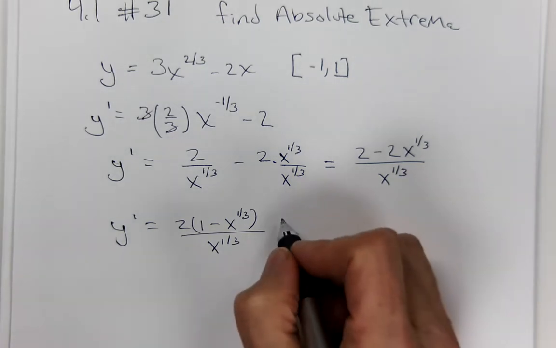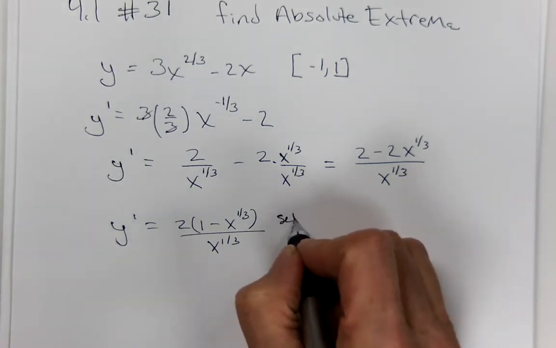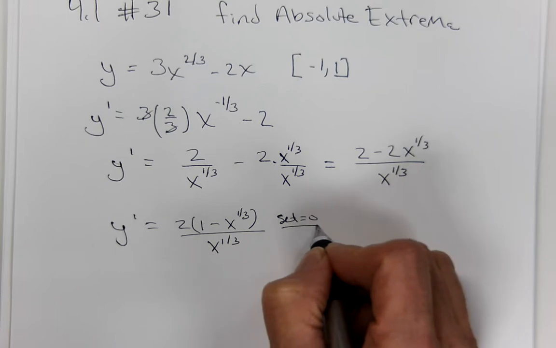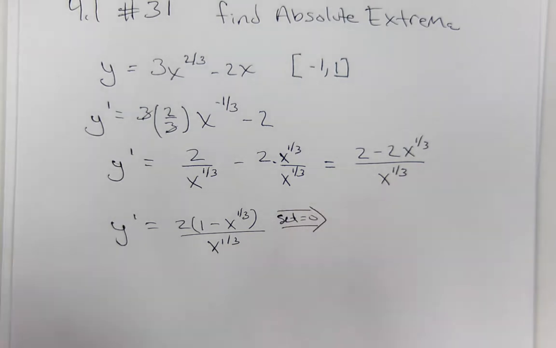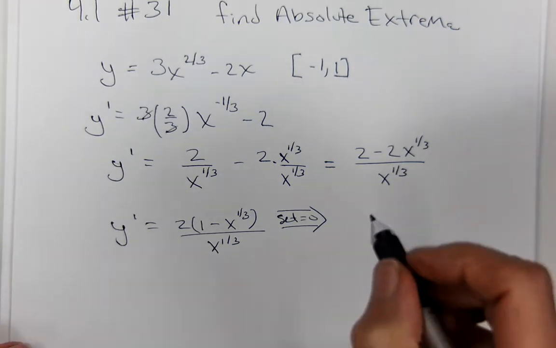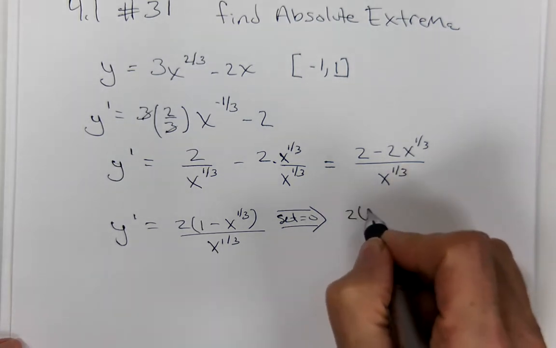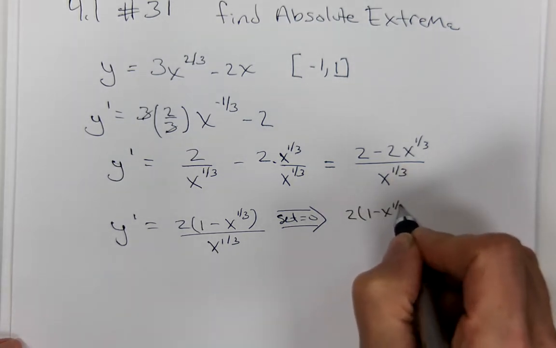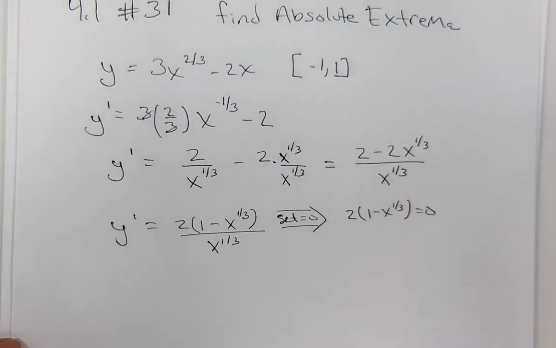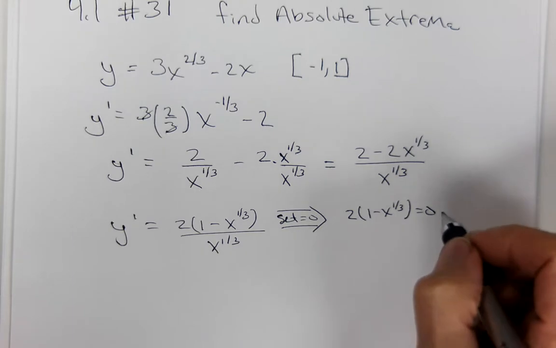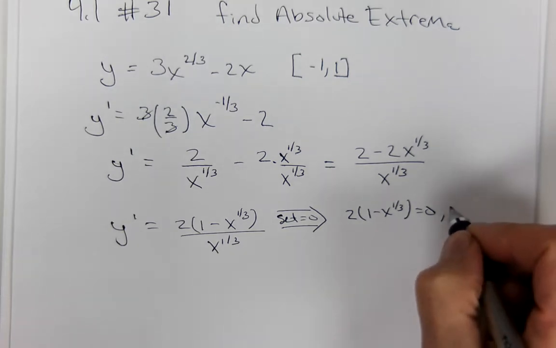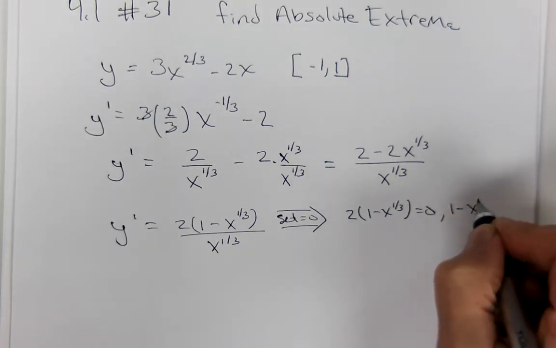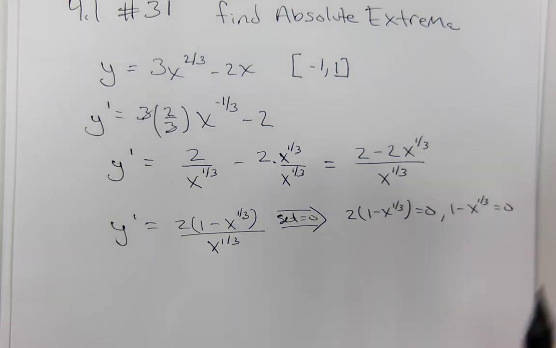So to find out where the first derivative is 0, you set the numerator of the first derivative equal to 0, because when the numerator of a fraction is 0, the whole fraction's worth 0. So then we have 2 times 1 minus x to the 1/3 equals 0. And you can divide by 2 on both sides, and then you can just have 1 minus x to the 1/3 equals 0.